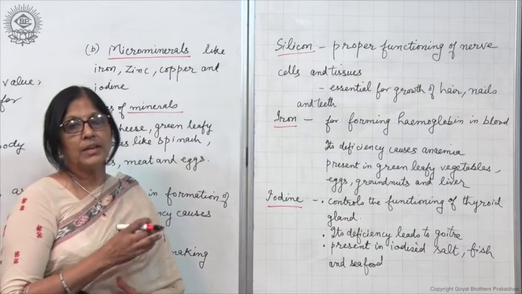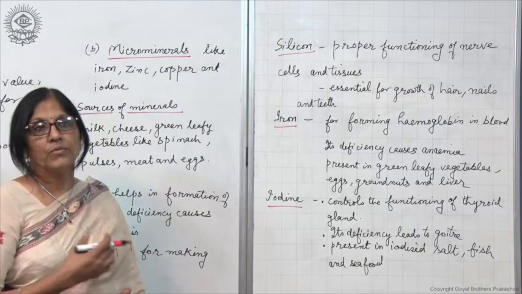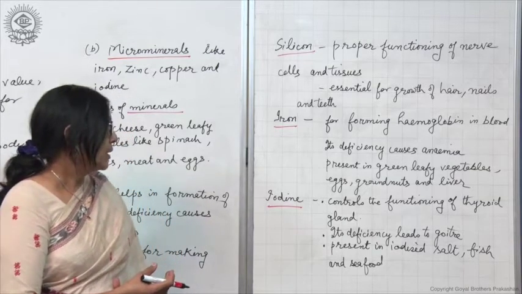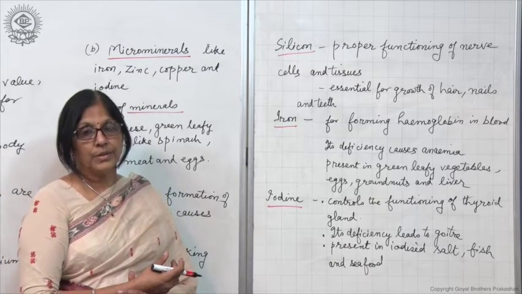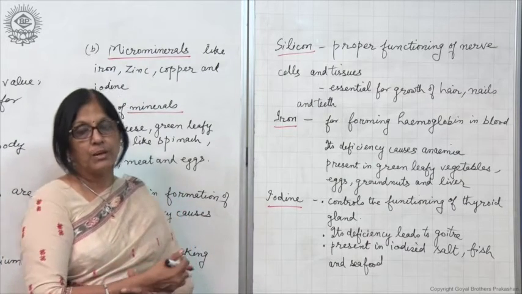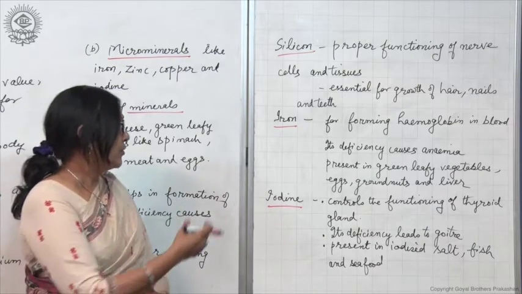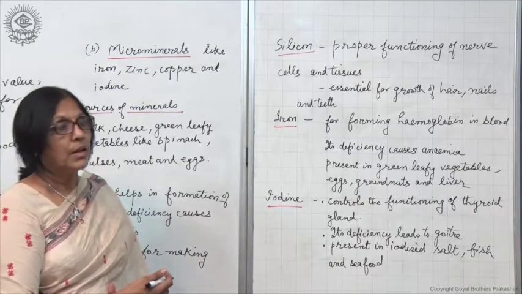Carbon dioxide again is carried by hemoglobin back to the lungs, from where it is thrown out of the body. So, hemoglobin is a very important component, and it is formed with the help of the mineral iron. If deficiency of iron occurs, it causes a disease which is called anemia.